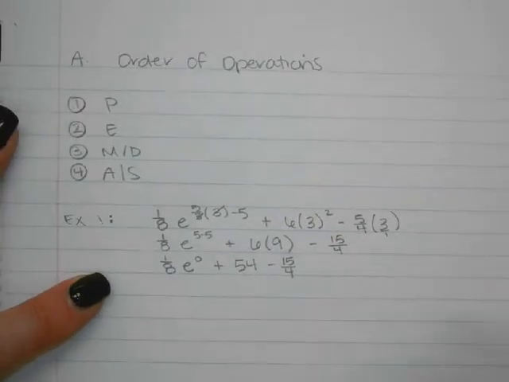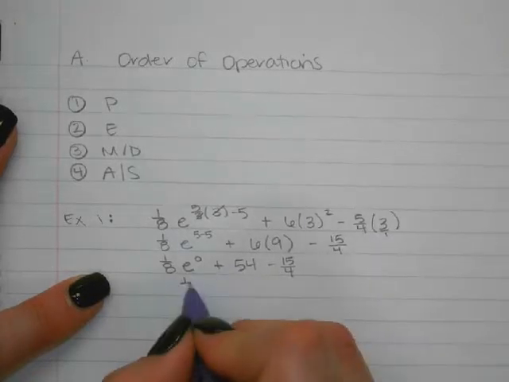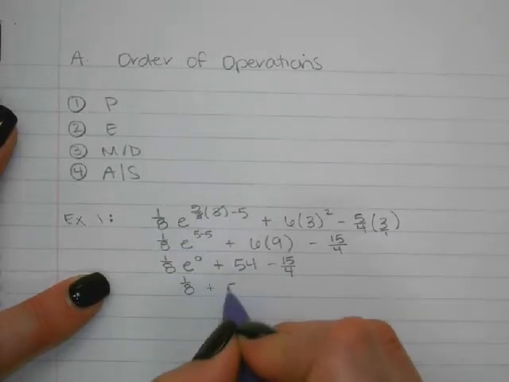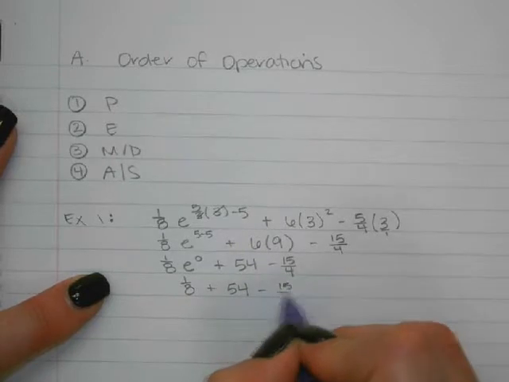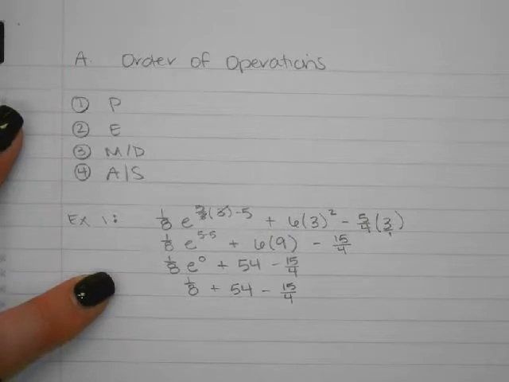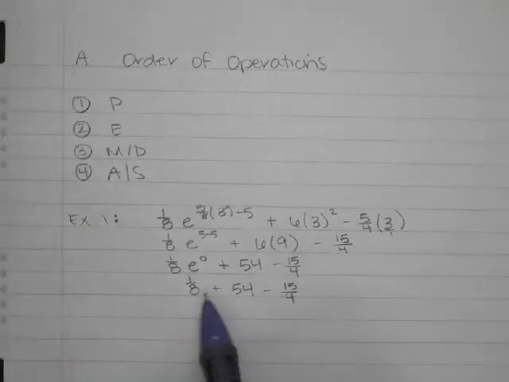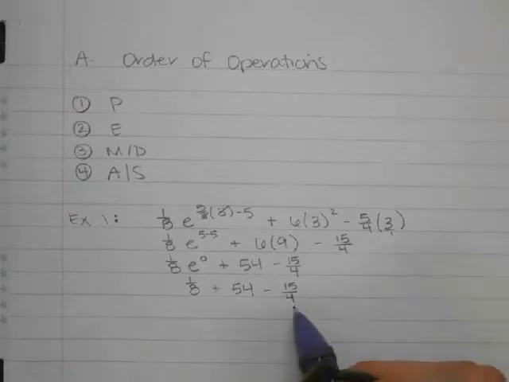And 1/8 times e to the 0, e to the 0 is just 1, so 1/8 times 1 is 1/8. And at this point, I do need to combine all those terms together, and so I'm going to have to get a common denominator. This one and this one are going to be pretty easy.